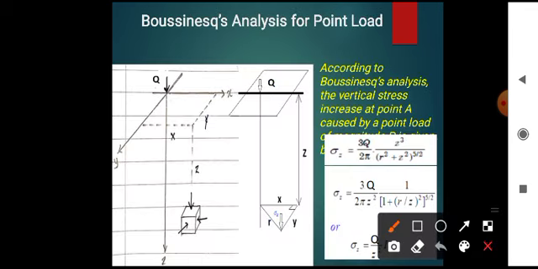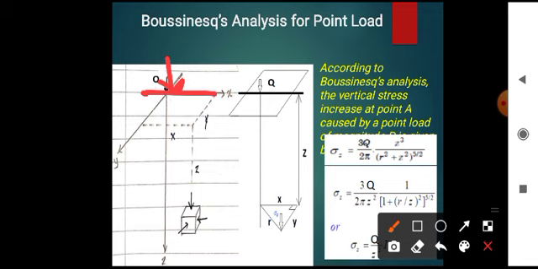Now, let us understand what are the equations proposed by the Boussinesq theory. Here let us have the point load Q which is applied on the surface, as shown in the diagram.